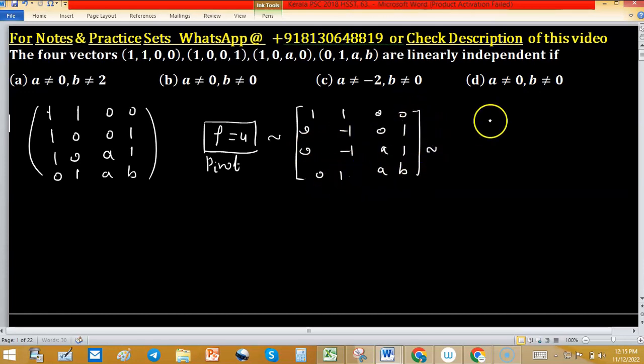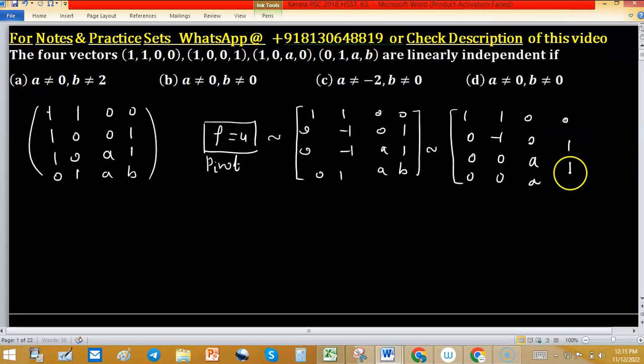Again apply elementary row operations. The equivalent matrix will be: first column 1 0 0 0, second column 1 minus 1 0 0, third column 0 0 a 0, and the last column 0 1 1 b plus 1. Now try to make this entry 0.